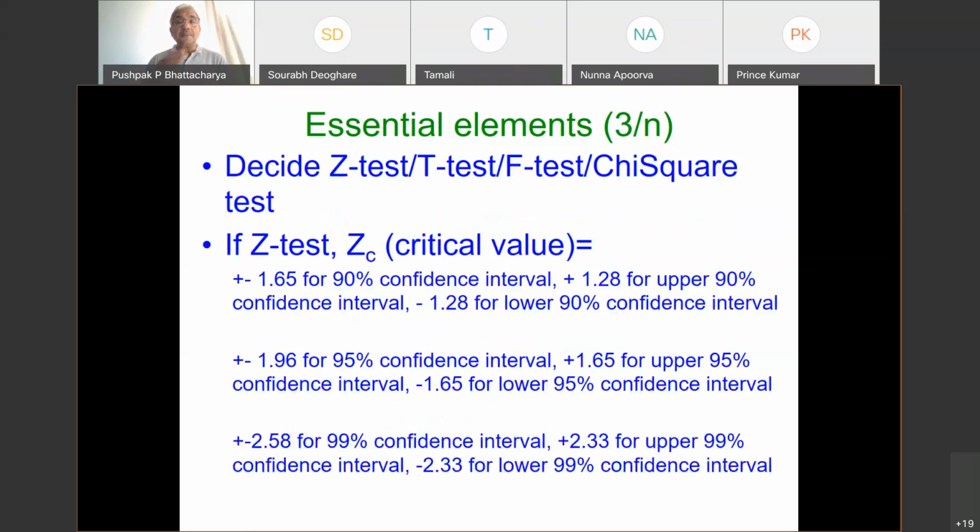After that, we have to decide what test we would perform. Z-test, which is in the backdrop of the standard normal curve. T-test, when the sample size is smaller than 30 and without replacement. F-test is another situation.